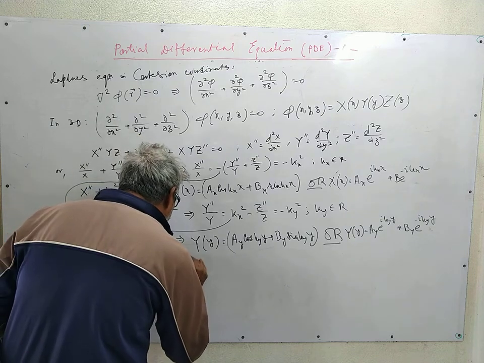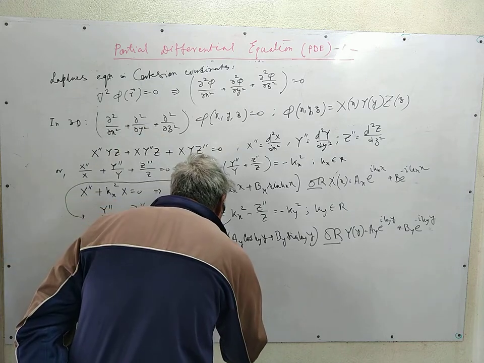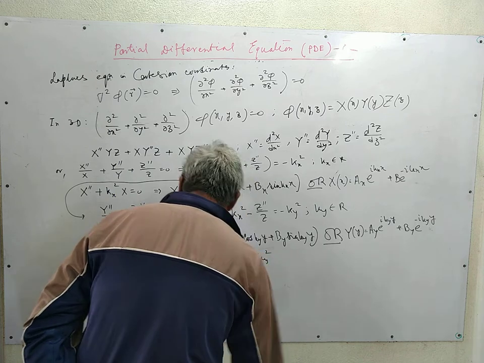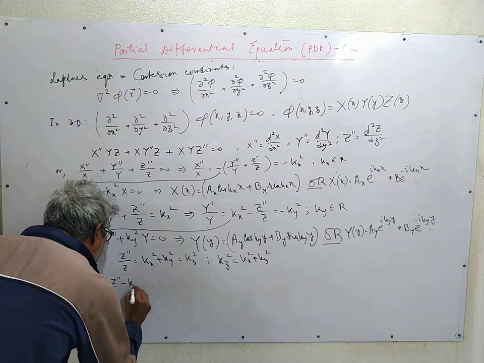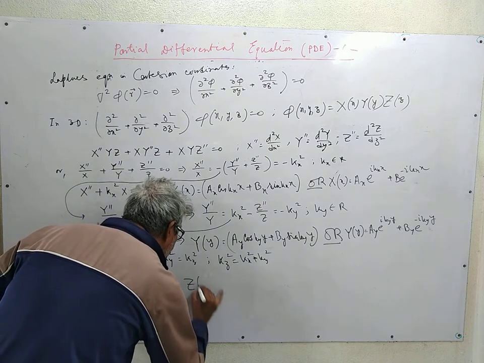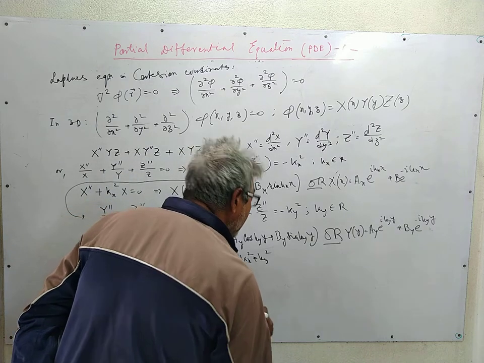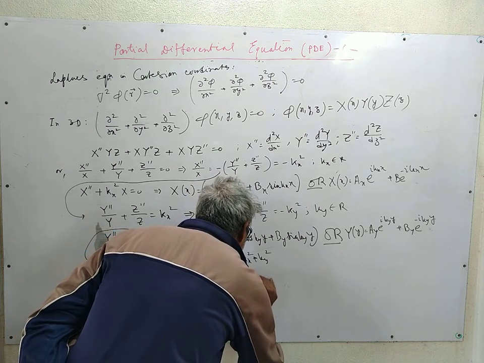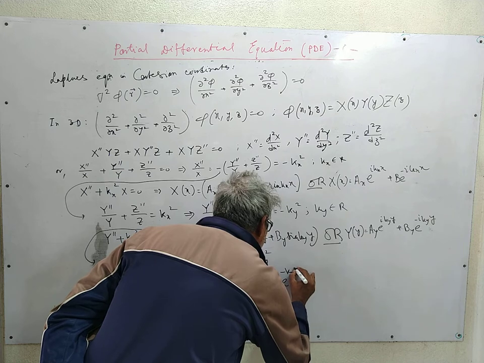Let us call it kz square, where kz square is equal to kx square plus ky square, and the resulting equation is z double prime minus kz square z is equal to 0. This has exponential solution, Az e to the power kz z plus Bz e to the power minus kz z.